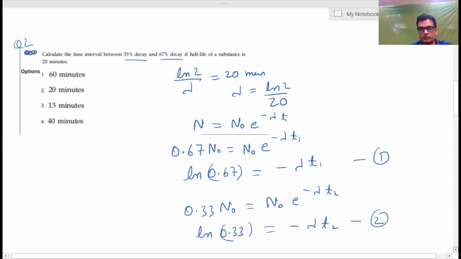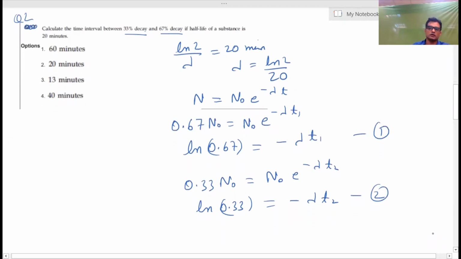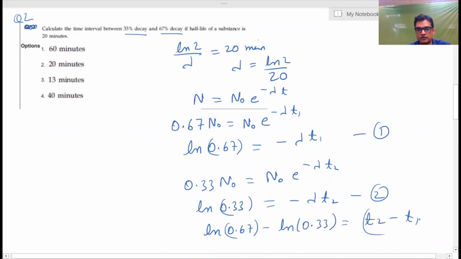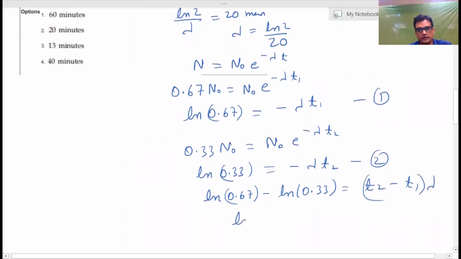Now I'll subtract equation 1 from 2, or I'll subtract 2 from 1. So it will come out to be ln 0.67 minus ln 0.33 is equal to lambda into (t2 minus t1). This t2 minus t1 will be our answer. So I'm getting here ln(0.67 upon 0.33) is equal to, I'll put the value of lambda, which is ln2 upon 20, into (t2 minus t1).